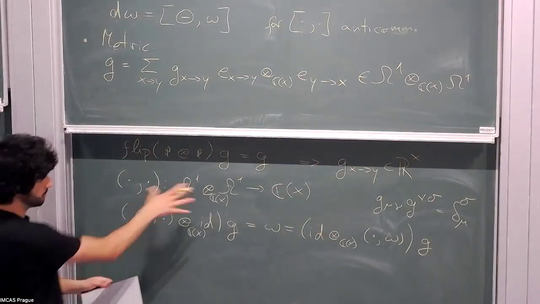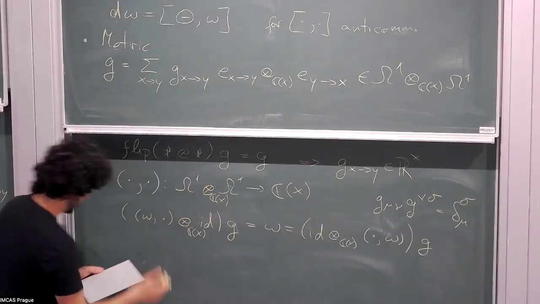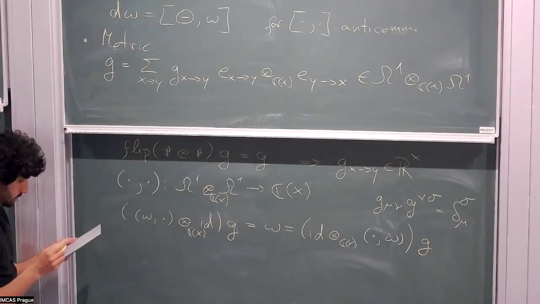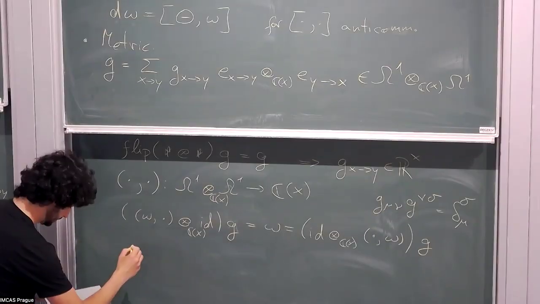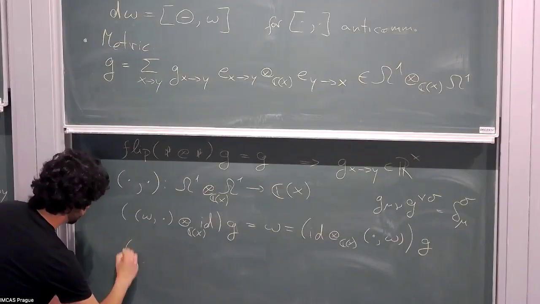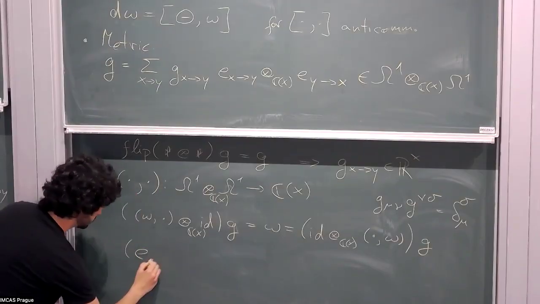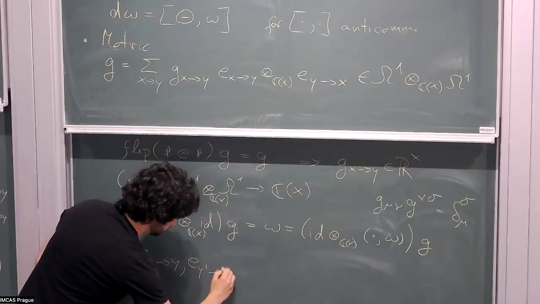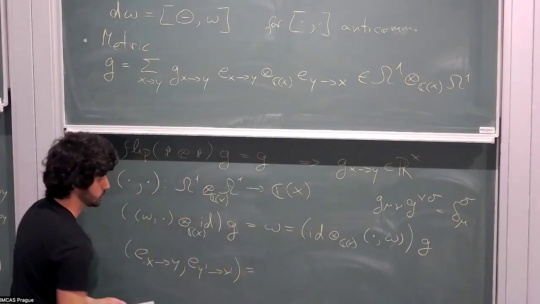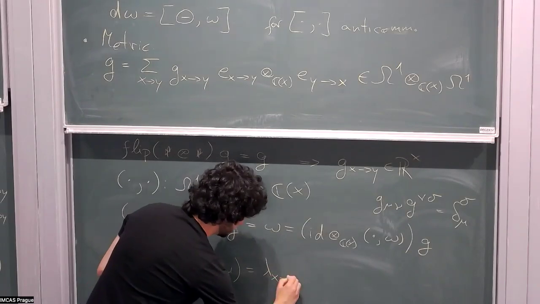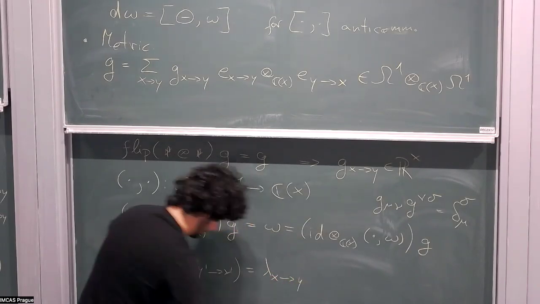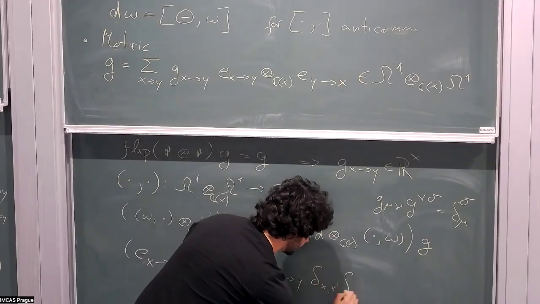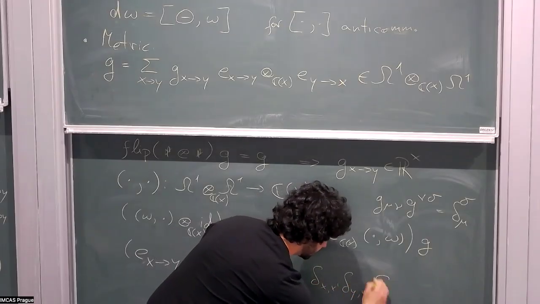Good. And if we have this form, and using that this is a bimodule map, and so on, we get the form that this applied to two basis vectors is equal to some coefficient lambda going from x to y, and then delta x, x prime, delta y, y prime, and delta x.